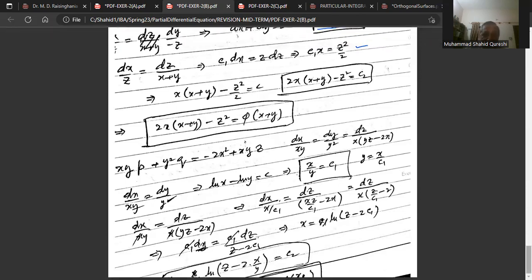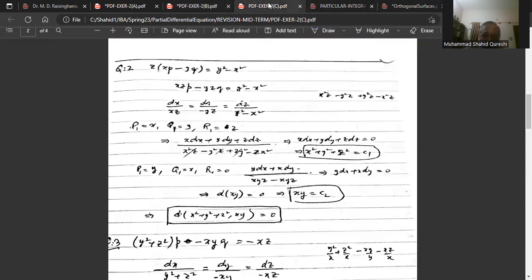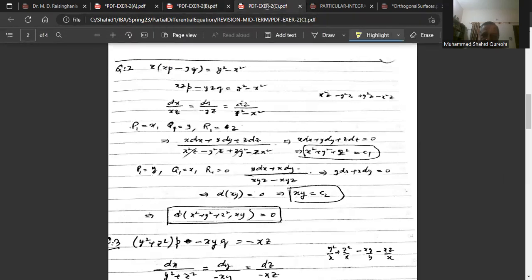The third type of method for solving linear partial differential equations. Here, what we require is that, for a given differential equation, after converting the differential equation into the auxiliary equation, dx upon xz, dy upon minus yz, dz upon y square minus x square, we use multipliers.